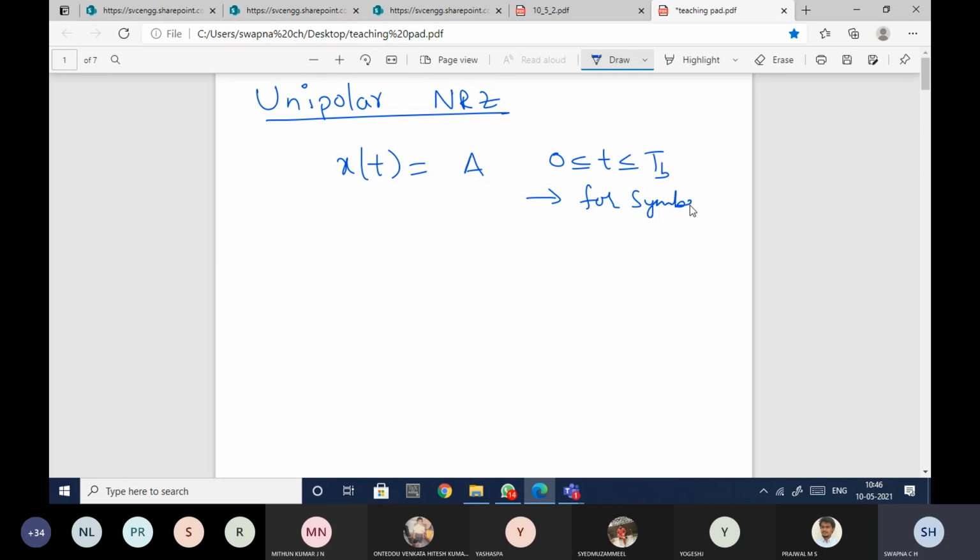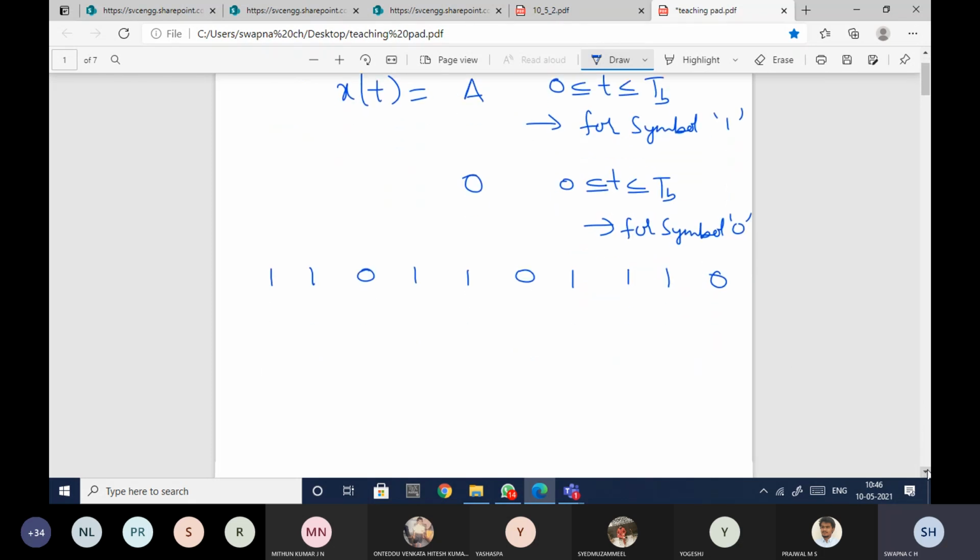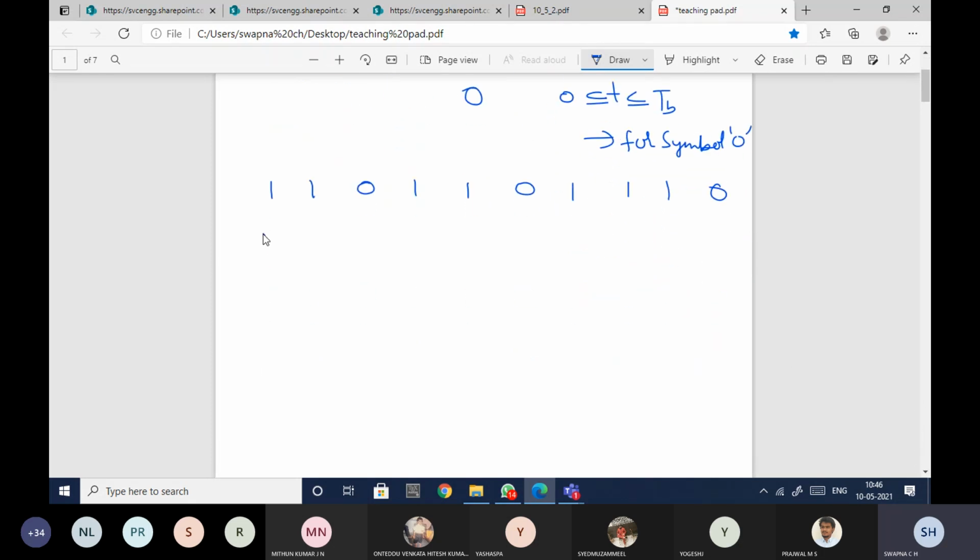If the symbol is 0, the amplitude will be 0 over the complete interval TB. Let me take one small example: 1 1 0 1 1 0 1 1 1 0. This is the sequence I have, and now I have to represent it using unipolar NRZ.